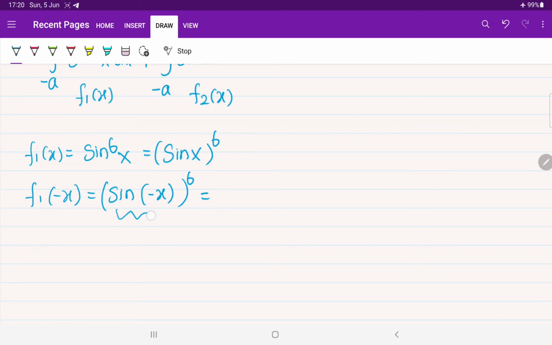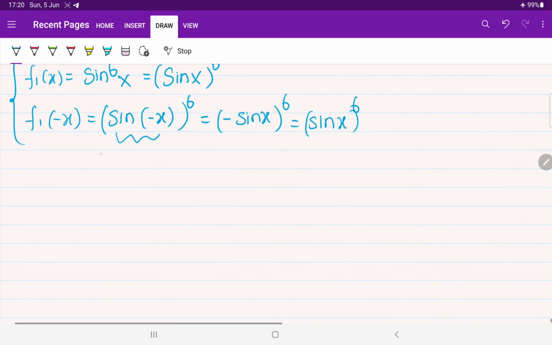We all know sine of minus theta is minus sine theta, so this is (minus sine x) whole power 6. Minus sine x whole power 6 will be plus (sine x) whole power 6, because that is an even power. So the conclusion is f1 of x and f1 of minus x are both equal.